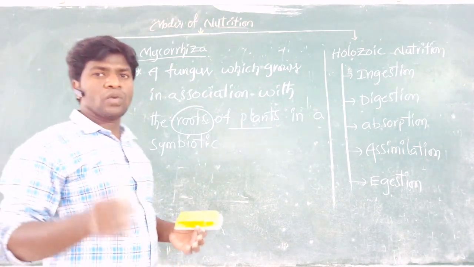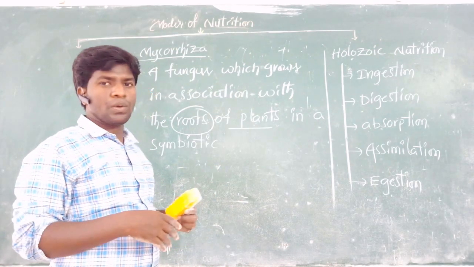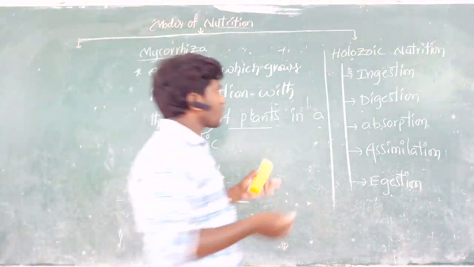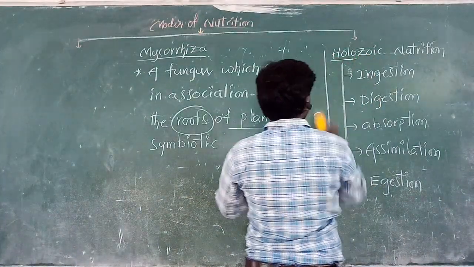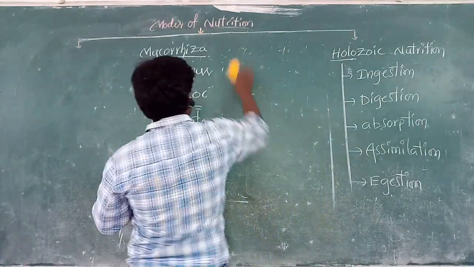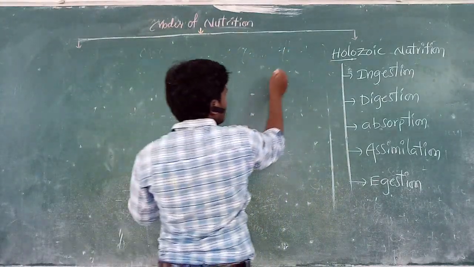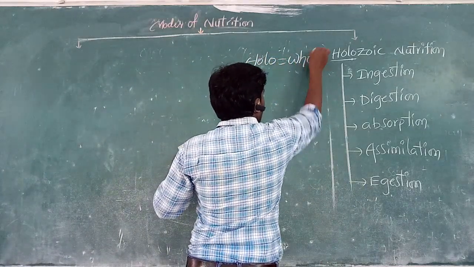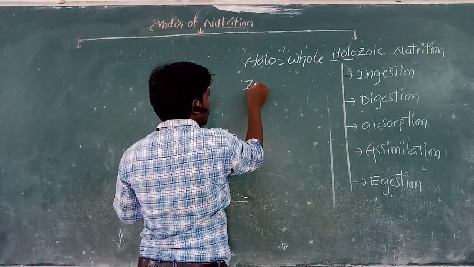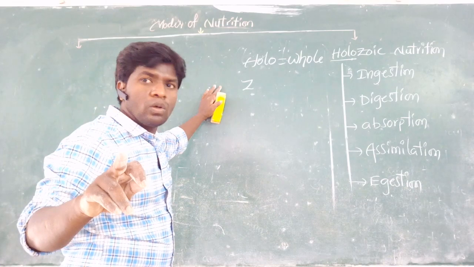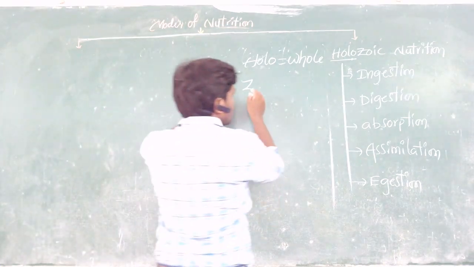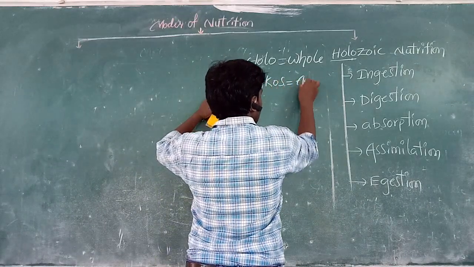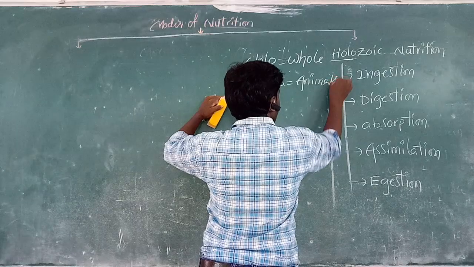Next, insectivorous nutrition, and then holozoic nutrition. Before explaining insectivorous nutrition, holozoic nutrition: holo means whole, and zoic means animals.